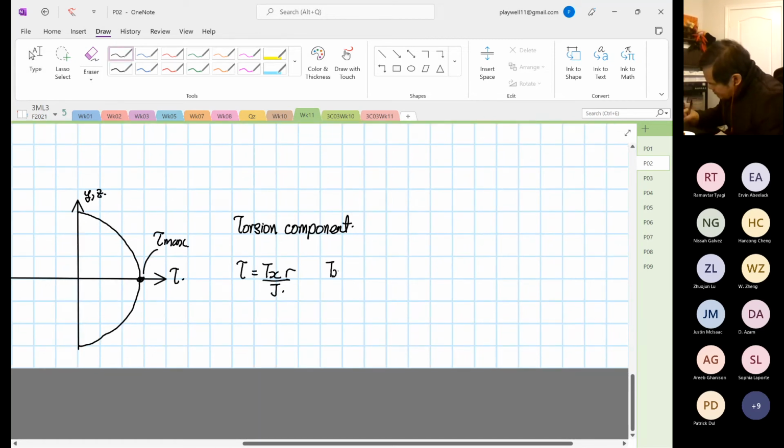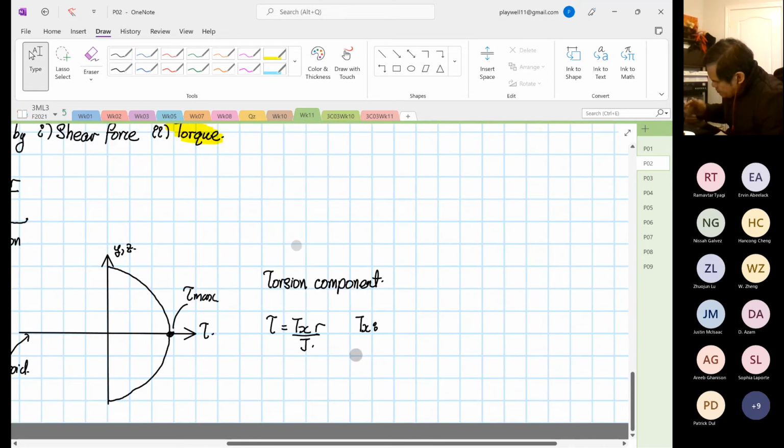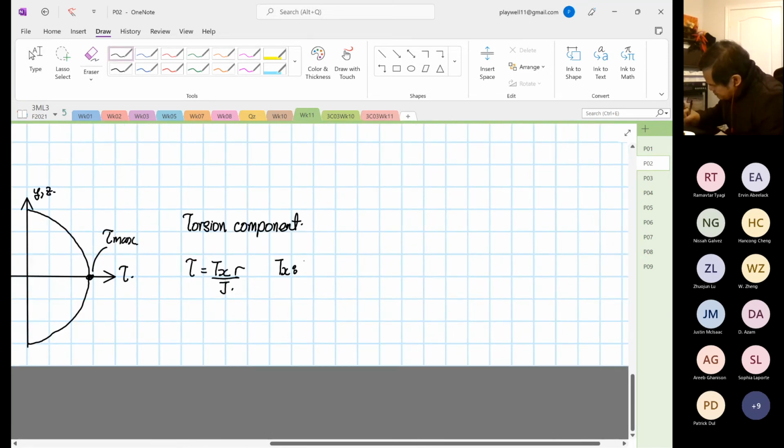So Tx means the torque applied about the x-axis, right?